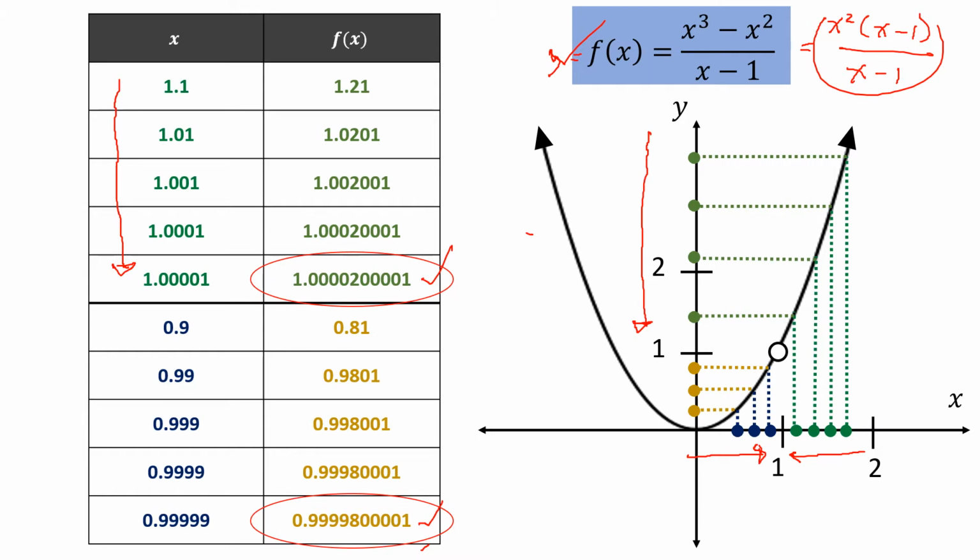But you have to remember that at x is equal to 1, the value of the function is indeterminate. It does not exist. But when you look at the behavior of the function, it seemingly is going to 1. But when you reach your destination, which is x is equal to 1, y has no value, or y is indeterminate.